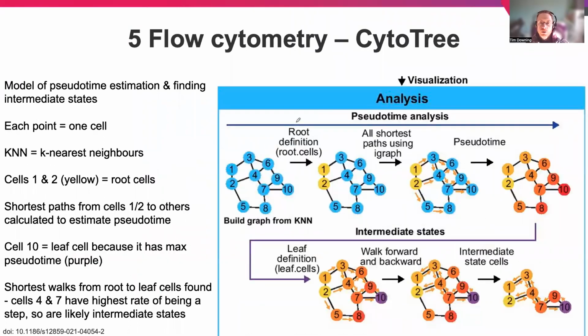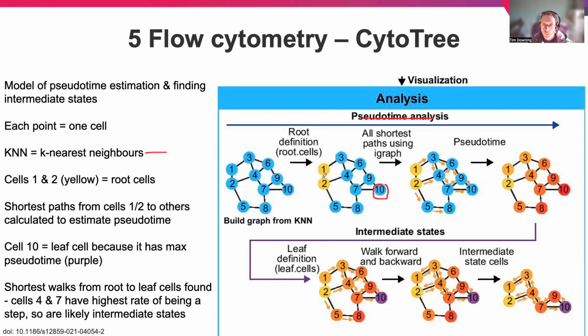And what Cytometry is doing is trying to run pseudotime analysis, which identifies each of the cells present as a point connected by edges. It uses the k-nearest neighbor algorithm to map out the routes between the different cells. We might have certain cells that are known, like 1 and 2 here, and it looks at the proximity compared to cell type 10 and sees what paths 1 and 2 would wander through.